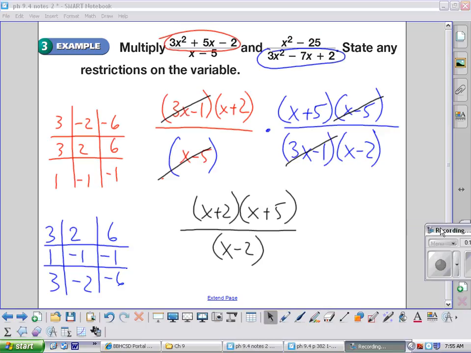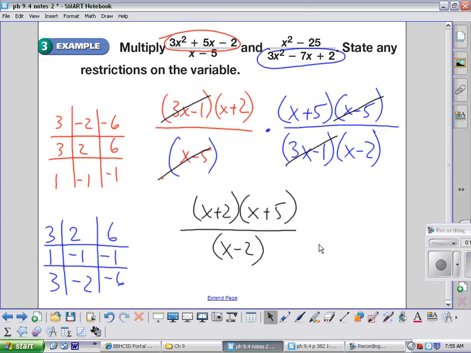That would be fine. Now, we do have to state again that x is not equal to, let's see here. We've got 5 would be bad. 1/3 would be bad. And 2 would also be bad.